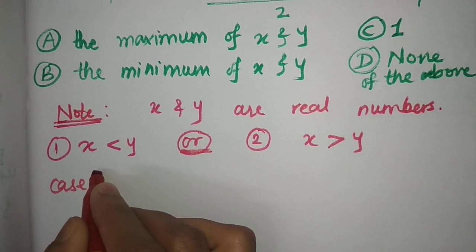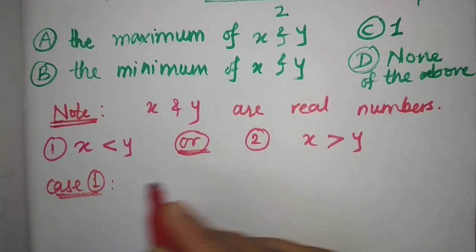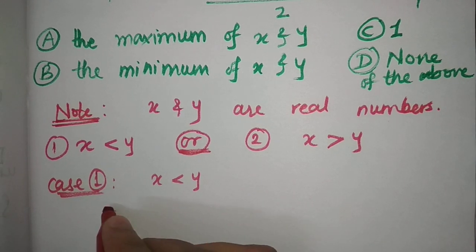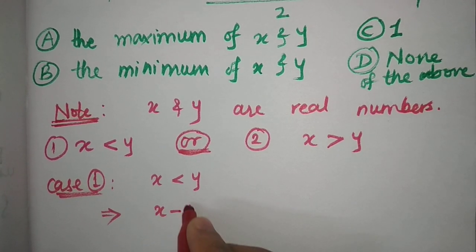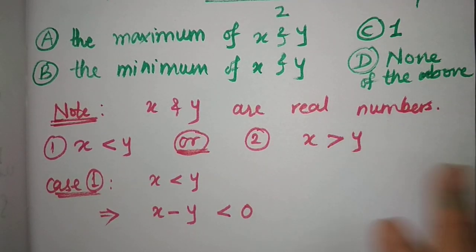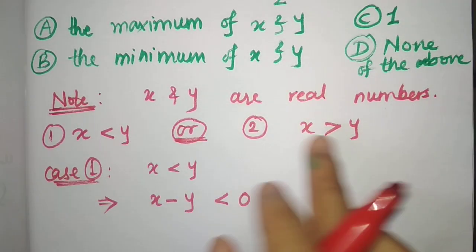So in case 1 we have x is less than y. So this means x − y is less than 0, because x and y are any two real numbers and we have taken two cases.